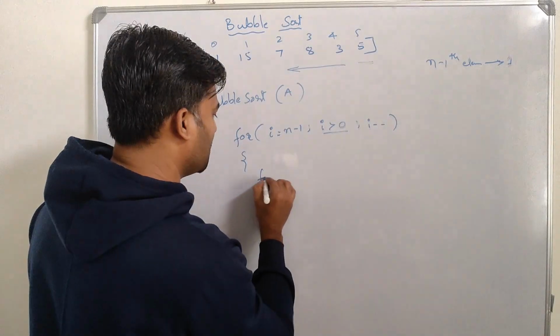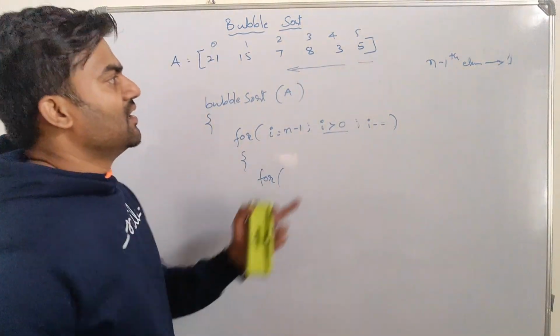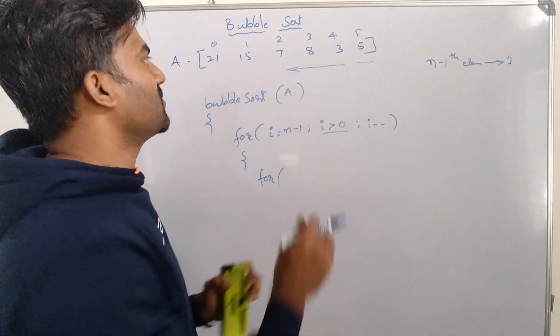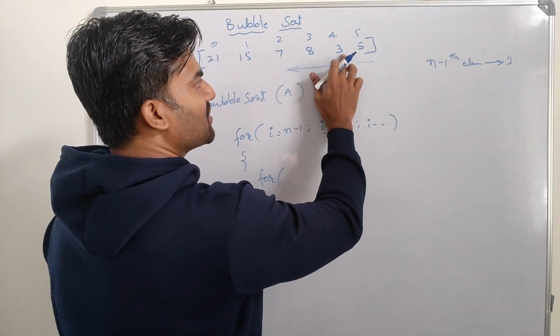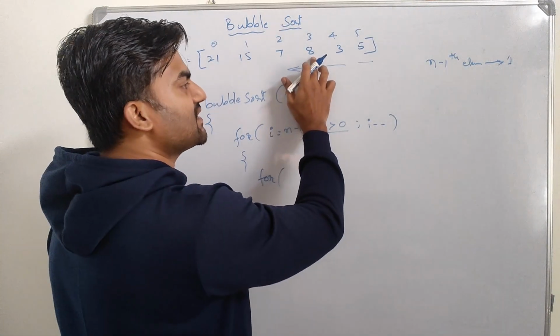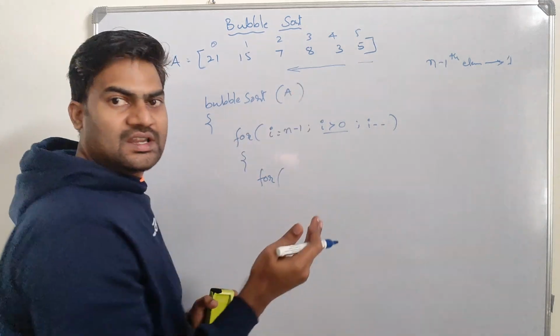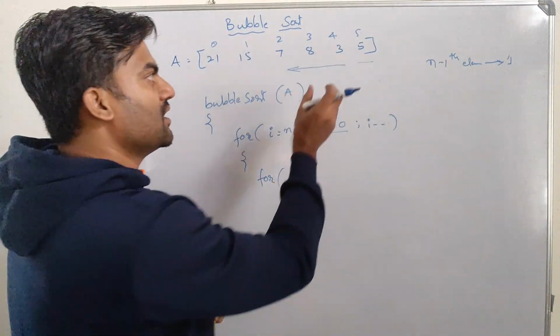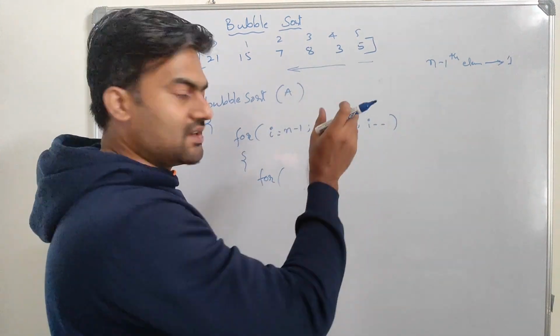This n minus 2nd means, for the first iteration it is n minus 2, but for the second iteration it goes till n minus 3. So one index before the last sorted value.